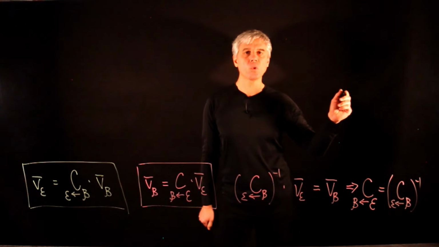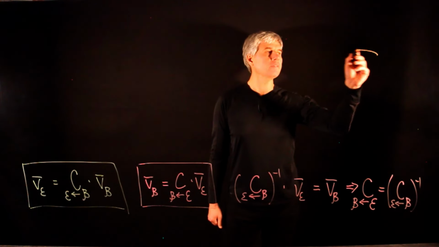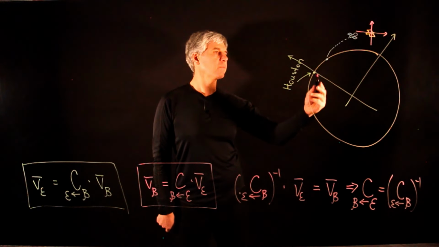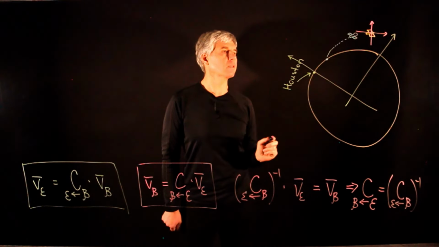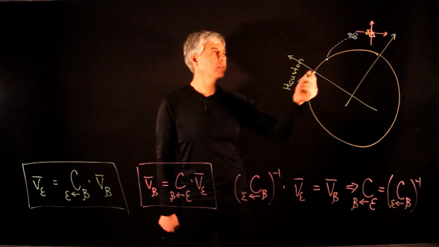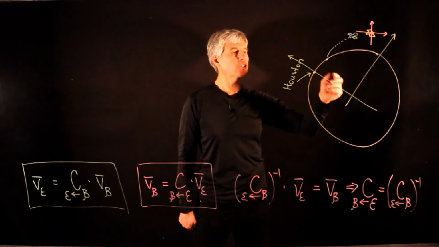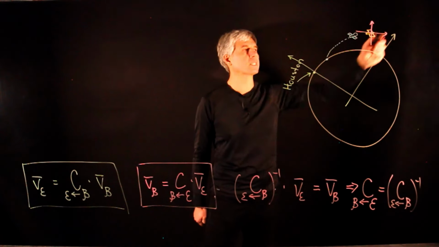Sometimes we work with coordinate systems that have different origins. So, for example, when we send a supply ship to the International Space Station, then we may be calculating the coordinates of this supply ship in the Houston coordinate system.